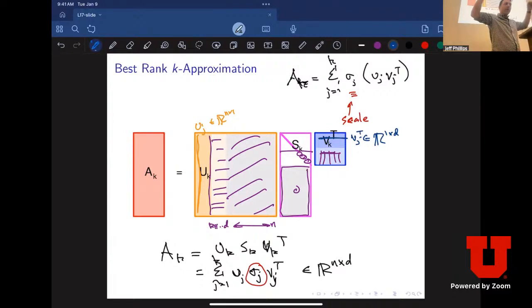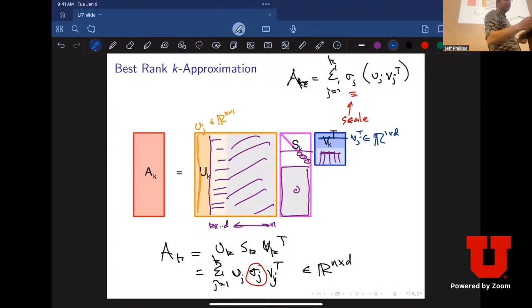That's this row here. If I multiply u_j, an n by 1, by a 1 by d matrix, well, that works. The ones are the ones that need to match, right? So the output is an n by d matrix from just 2 vectors. This is an outer product, okay?